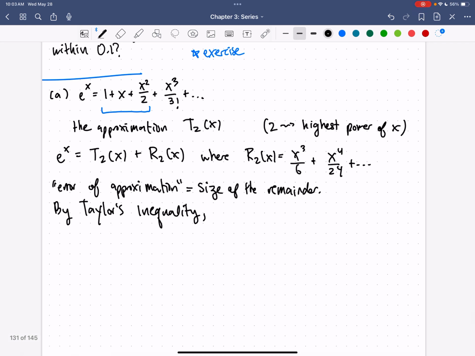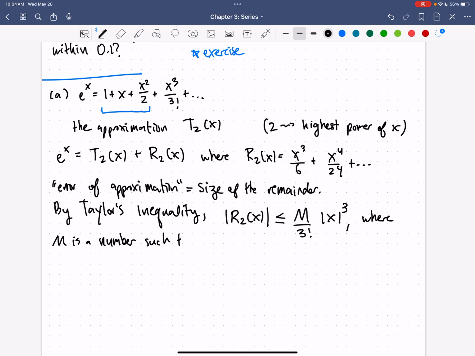So Taylor's inequality tells us that the absolute value of R2(x) is less than or equal to M over 3 factorial times absolute value of x cubed, where M is a number such that the absolute value of the third derivative of f is bounded above by this number M on the interval.